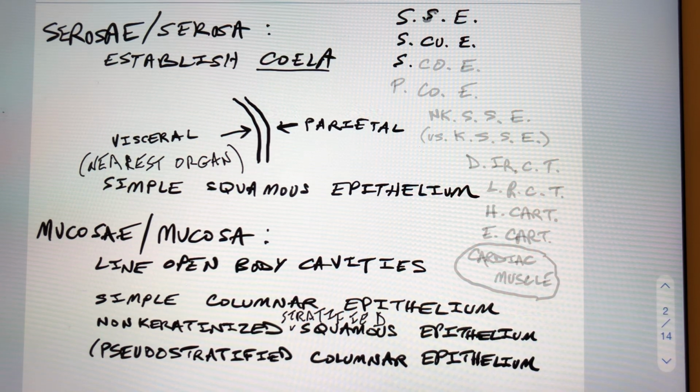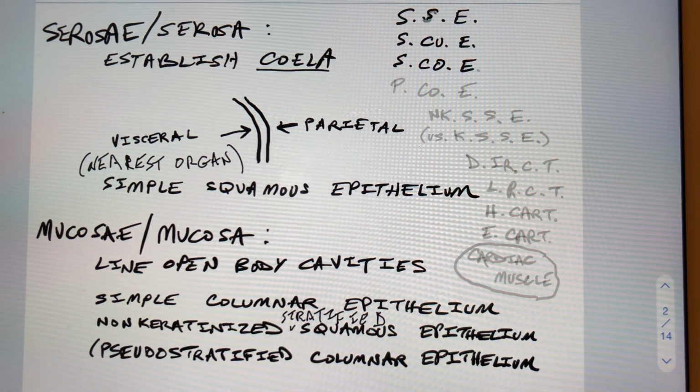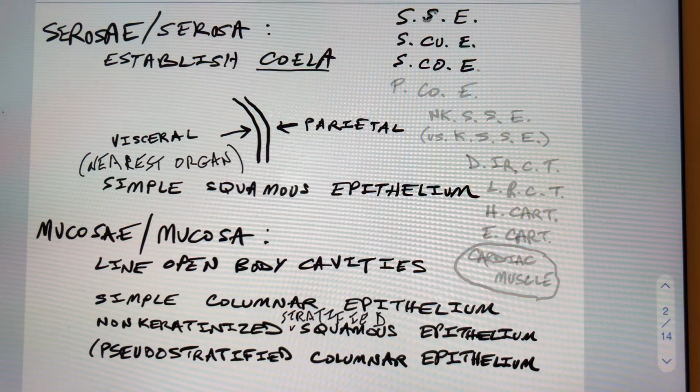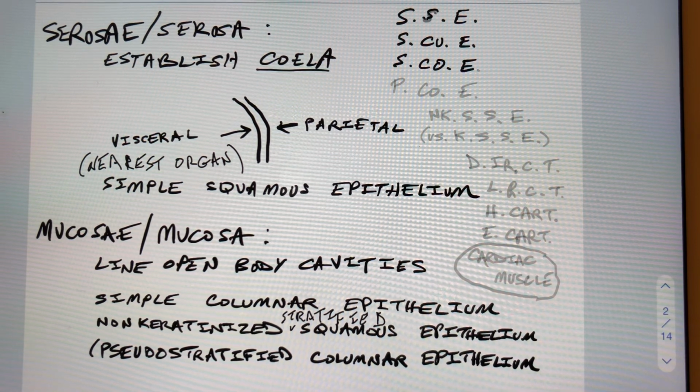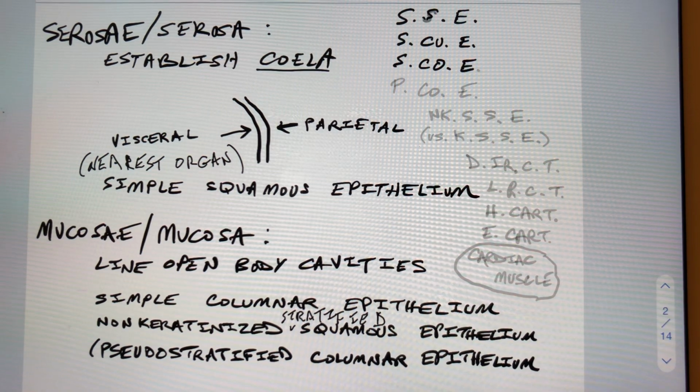We definitely need to know simple columnar epithelium, in part because it makes up mucosae of a lot, but not all, of the digestive system. So the mucosa of the stomach, the small intestine, and the large intestine is all really one continuous sheet of simple columnar epithelial tissue. Wow. Okay. And that's where we'll encounter that tissue most.